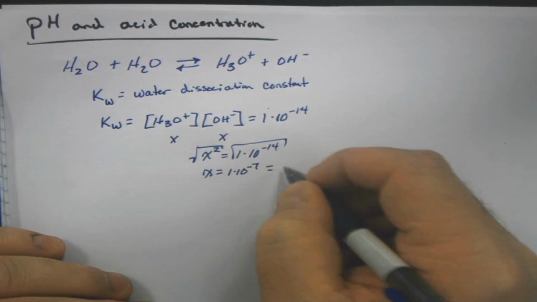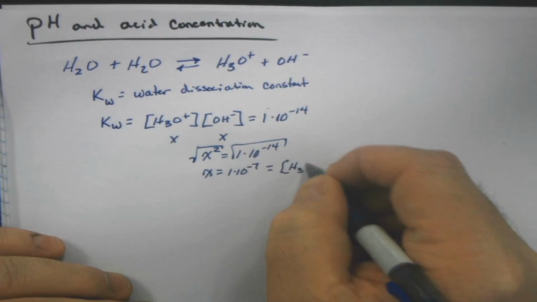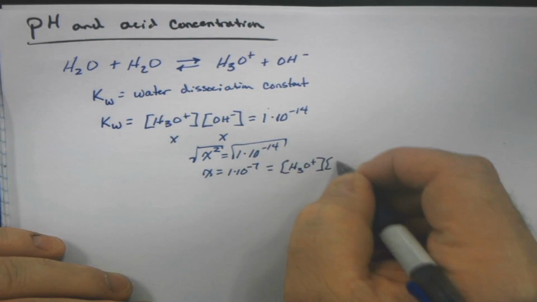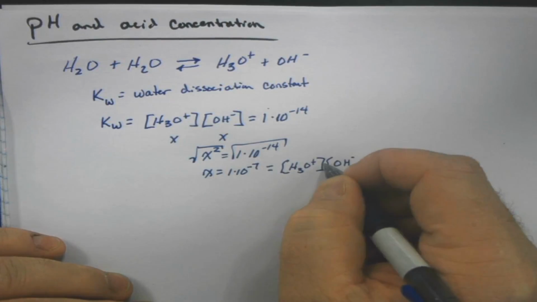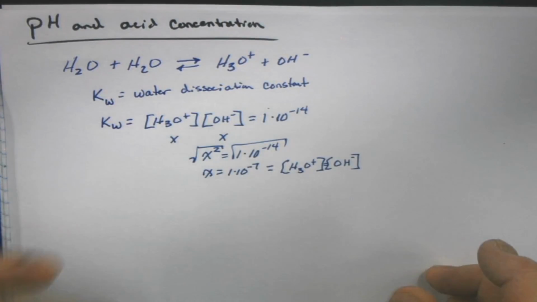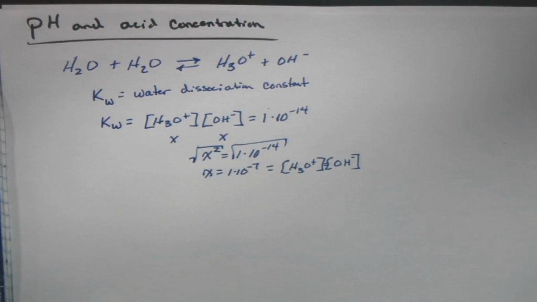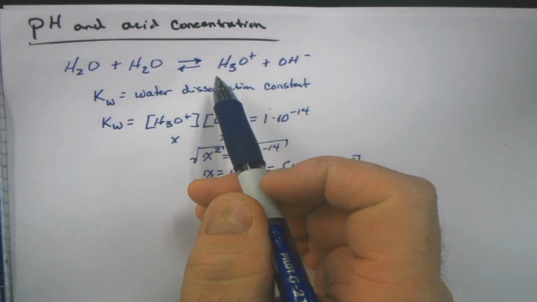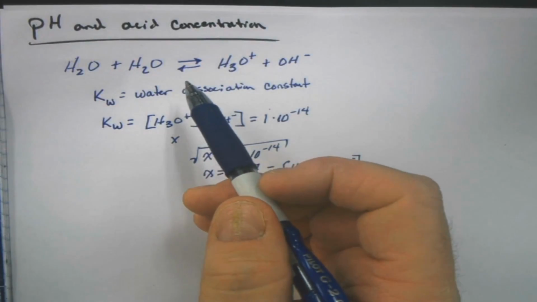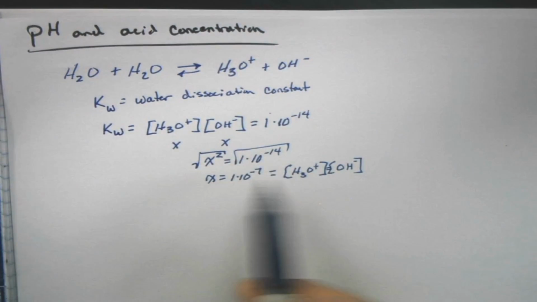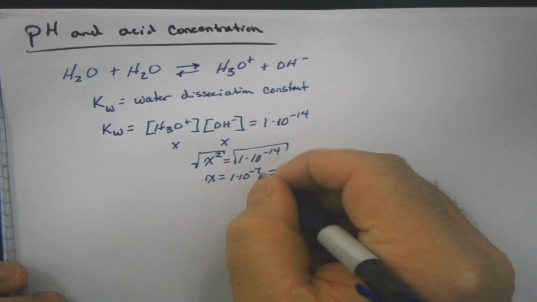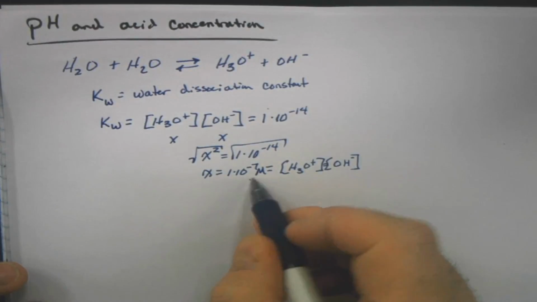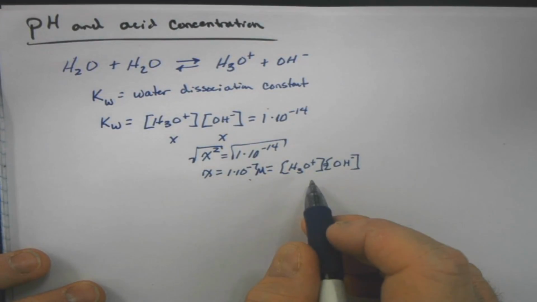This equals the concentration of hydronium and the concentration of hydroxide. They're both the same. Okay, so let's think about the implications here. Water does dissociate on its own, but it does it so rarely that at any particular time there's only 1 times 10 to the negative 7th moles for every liter of water that is actually dissociated.